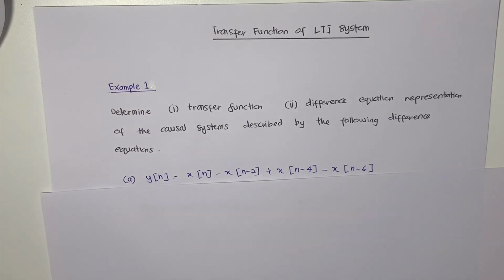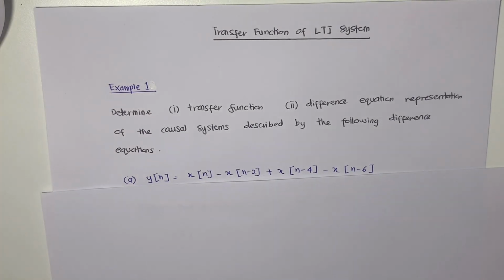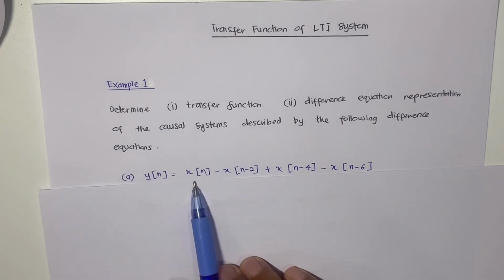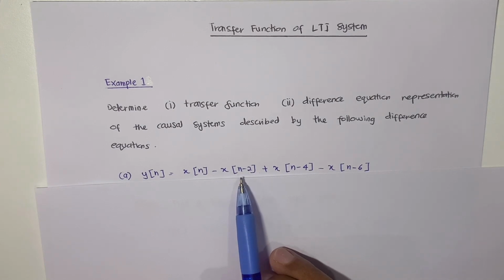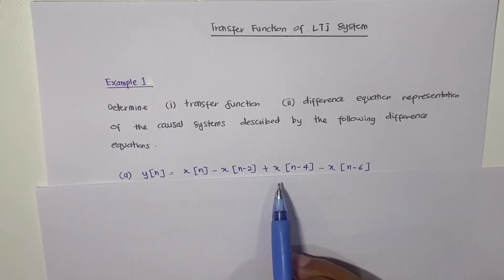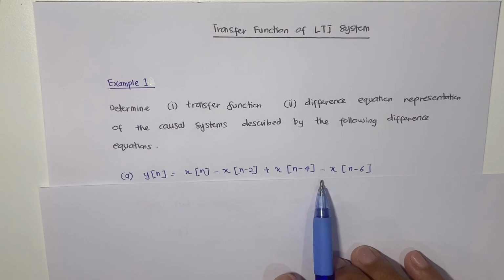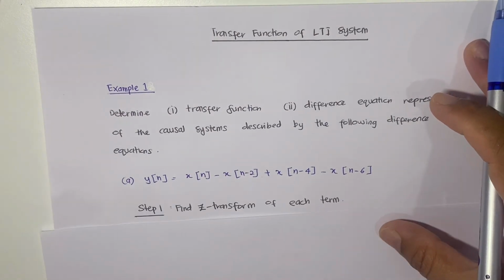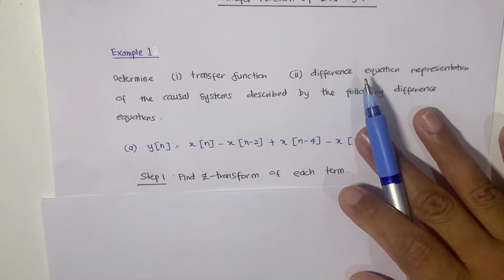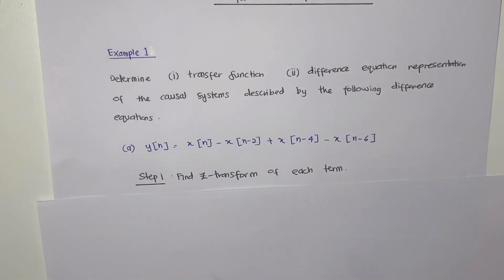So we have this difference equation, which is yn equal to xn minus xn minus 2 plus xn minus 4 minus xn minus 6. So the first step is you need to find Z transform for each term.